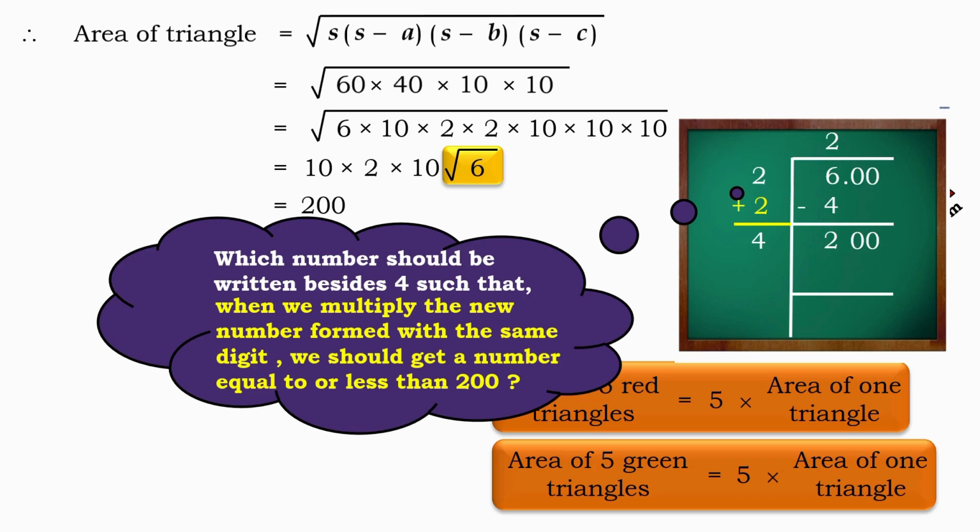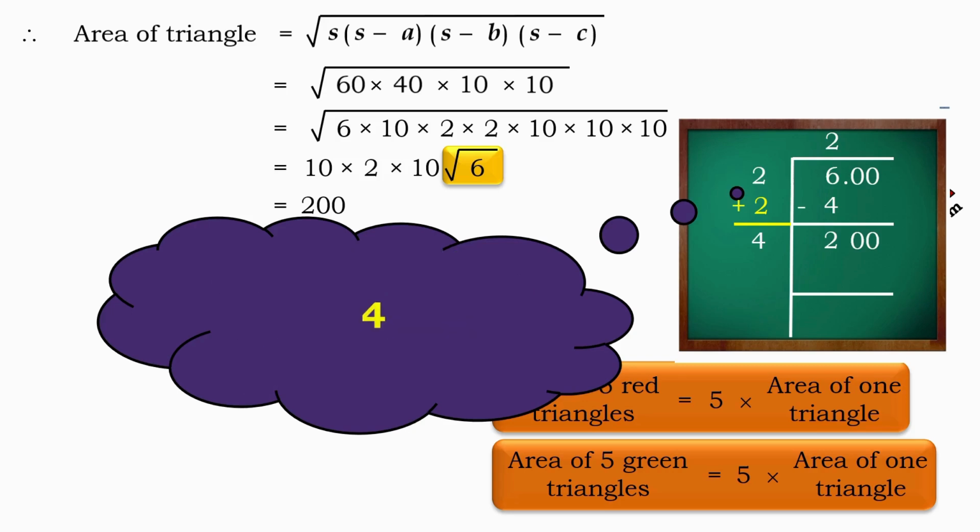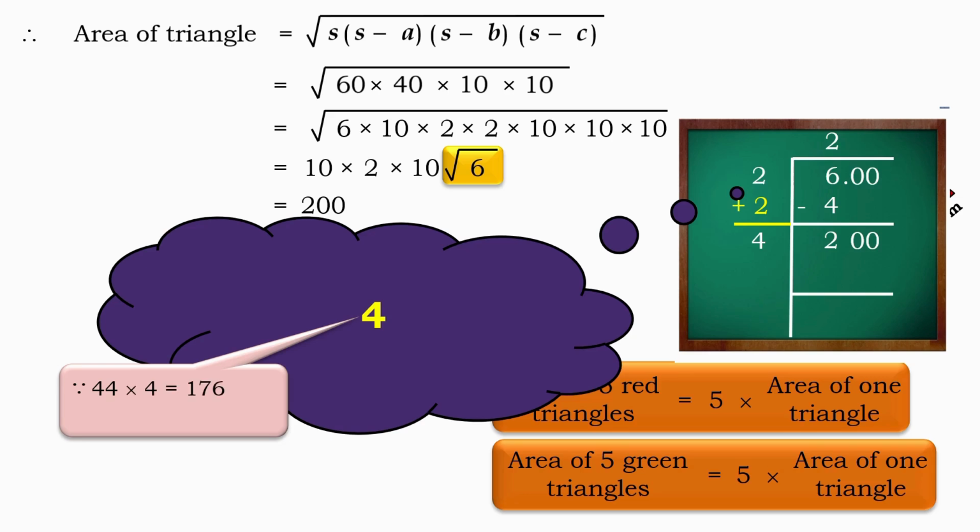So if we think of 4, then 44 should be multiplied with 4, which is 176. If you take 45, it will become greater than 200, so we can't take 5 over here.